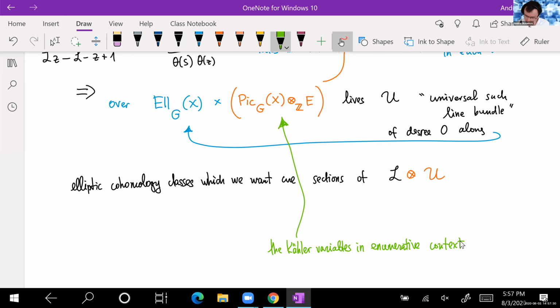In the enumerative context, you take something like Pic. So the Kähler torus there is something like that. Instead of being an elliptic curve, you maybe take C star or something like that. And so then this would be a very close relative to that, and this is how you solve quantum problems in terms of purely classical computation.